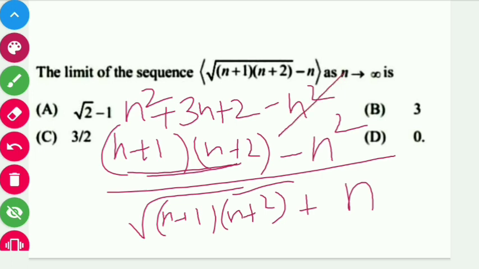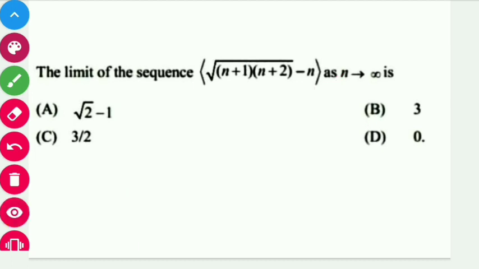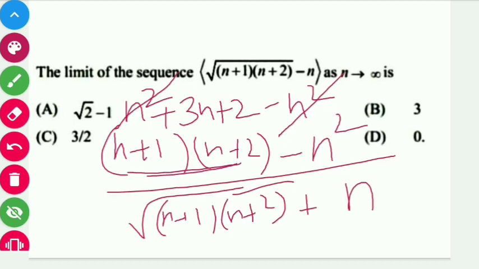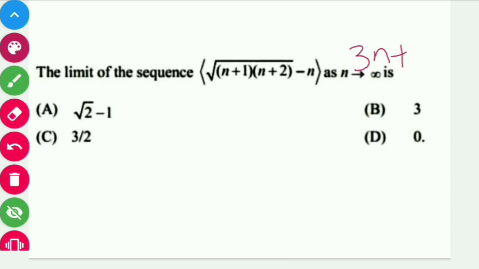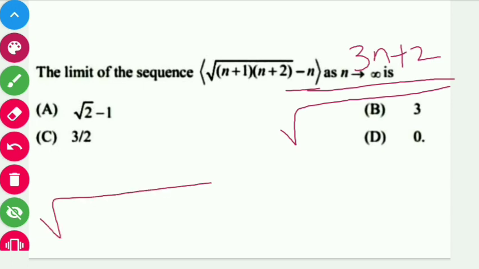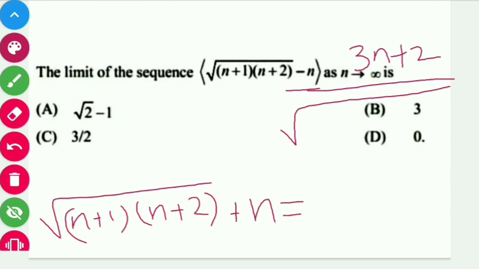So this n square will get cancelled with this n square and we have 3n plus 2 divided by square root of n plus 1 times n plus 2 plus n, right? So simplify this, we will get n square plus 3n plus 2 square root plus n, right?